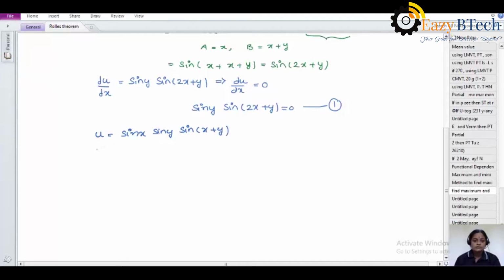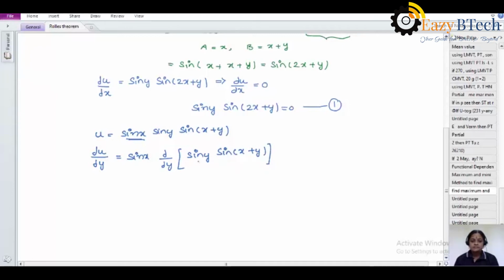So now I am doing partial differentiation with respect to y. When we are doing partial differentiation with respect to y, sin x is common here, sin x common, ∂/∂y of sin y sin(x+y).